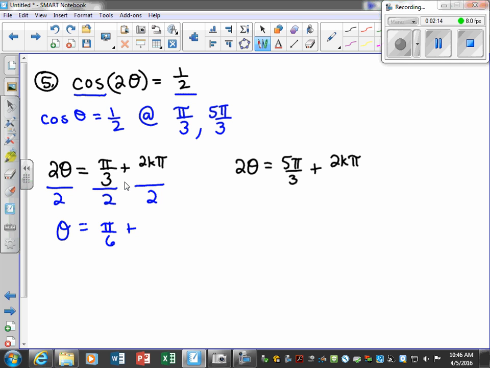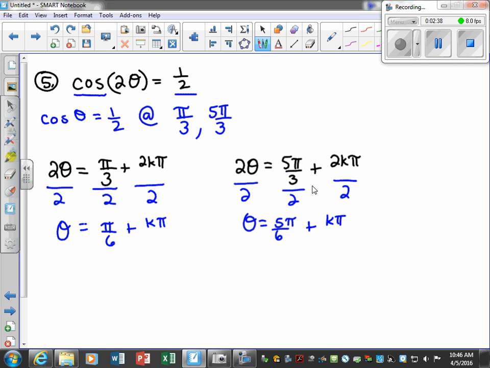The 2's cancel there, so we just get k pi. Now over here, we do the same thing. Let's divide everything by 2. Theta is equal to 5 pi over 6 plus k pi.